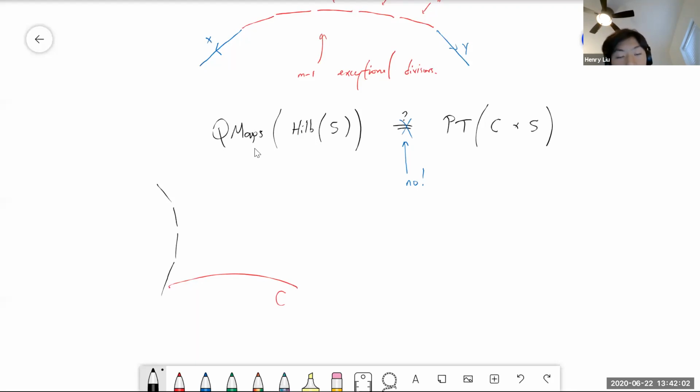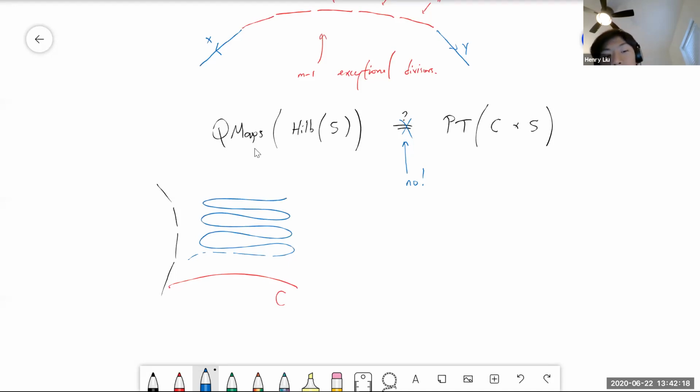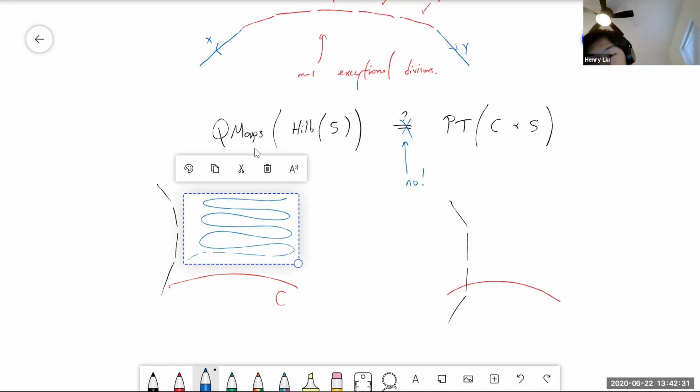It's because if we think back to the whole graph business, now I have to draw something more complicated. It looks something like this. A quasimap will still be some curve which looks like this in some sense. But now, what does PT theory look like? PT theory is allowed to have curves which are purely supported on compact exceptional divisors like this.